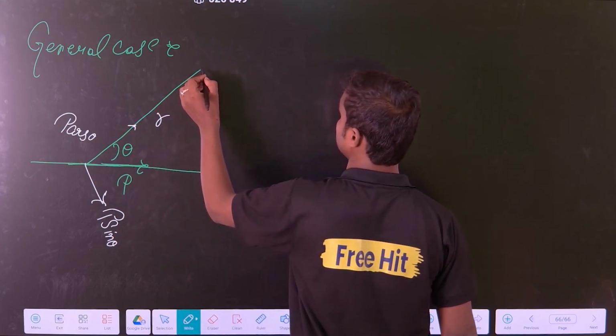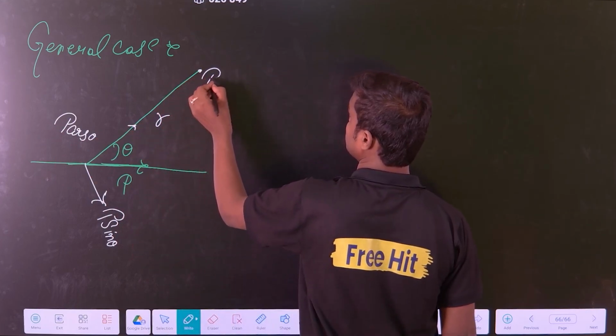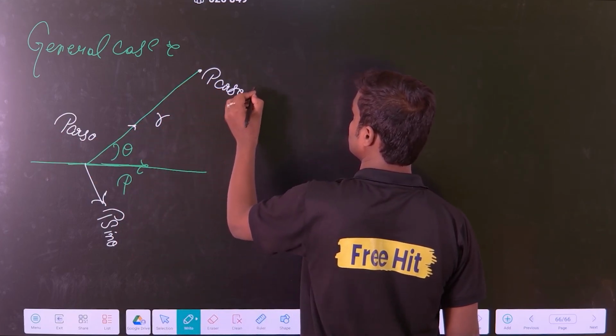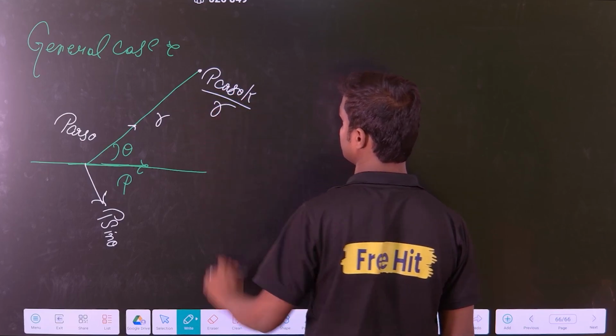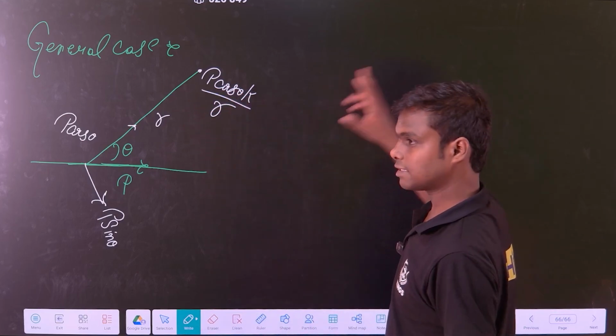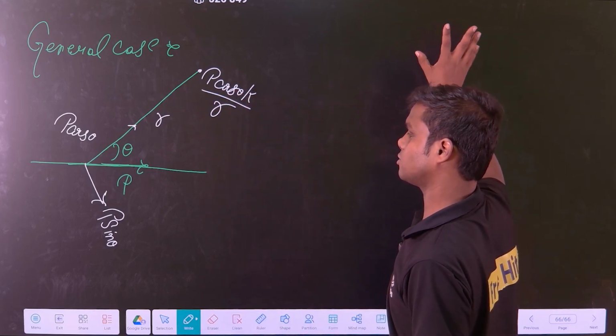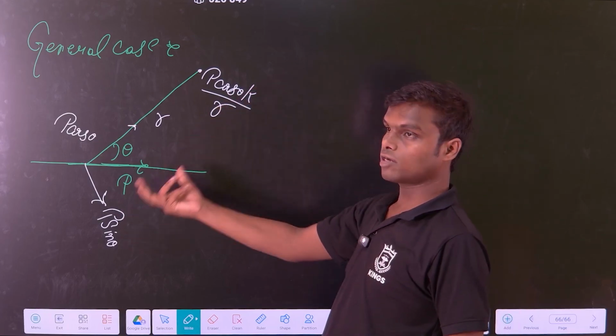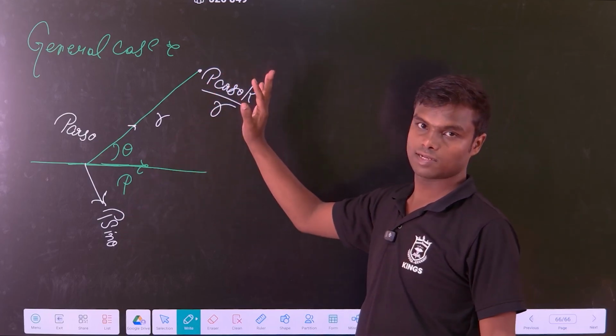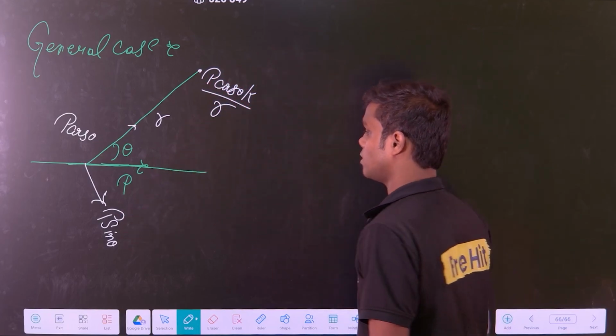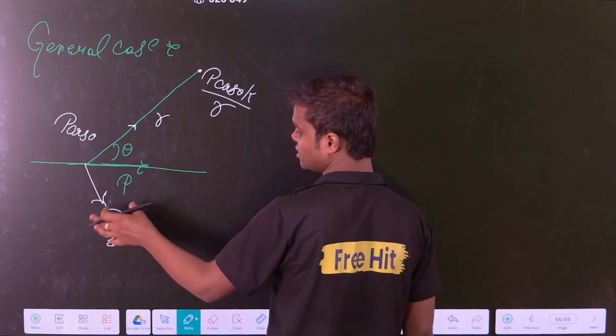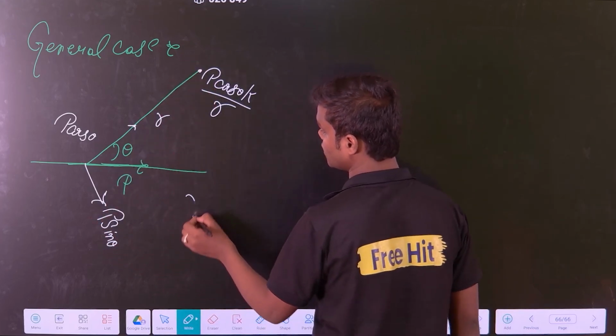So what is the potential due to this? We will get p cos theta into K divided by r, correct? Don't take the minus sign here. There we were getting minus because of that case, but here we will not get minus. That will be defined by theta only. Theta will manage everything. And due to p sin theta, the potential will be 0. So what is my V net?